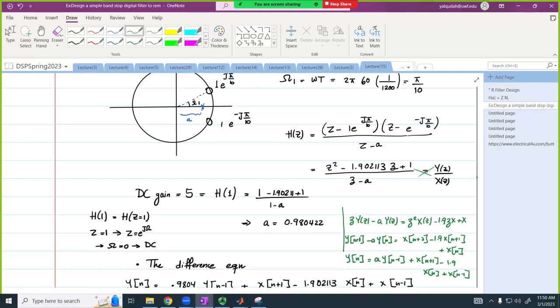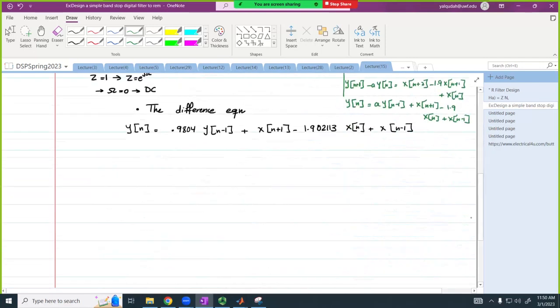So what happens? So this system is not causal. To make it causal, add a pole at the origin.